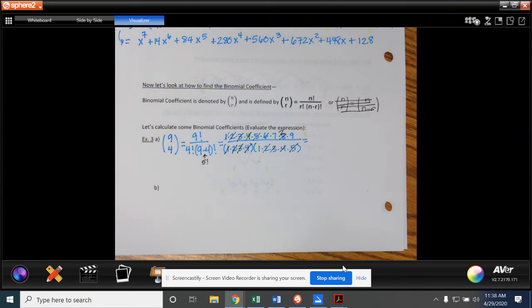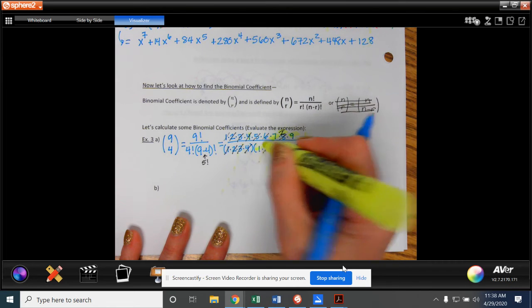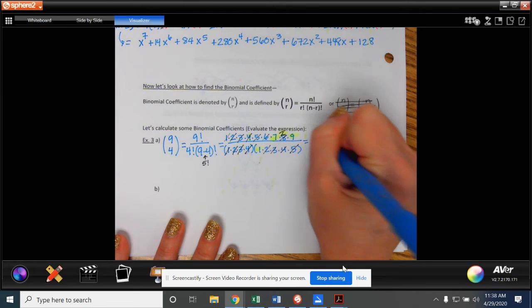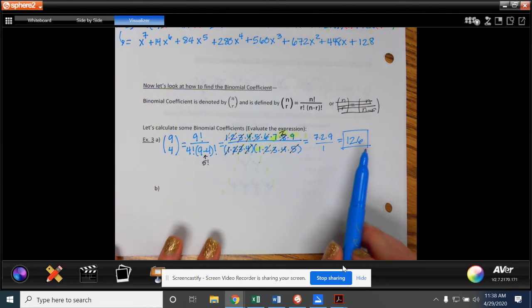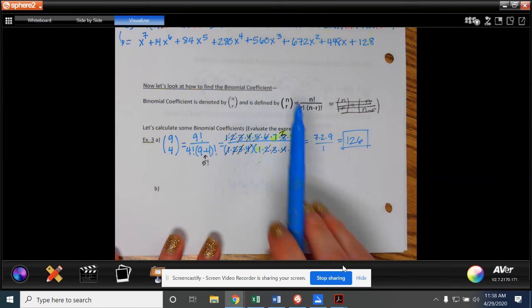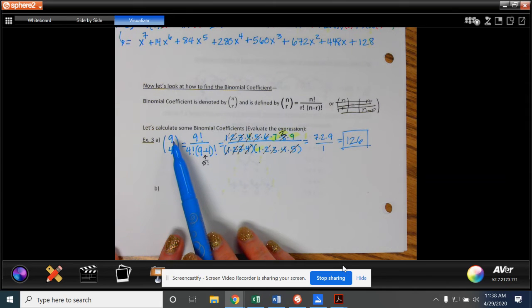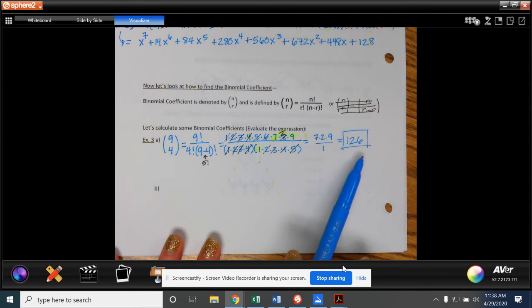And then I would highlight, okay, what do I have left? I have 7, 2, 9, all over 1. So I have 7 times 2 times 9 all over 1, which is 126. That is the coefficient that would go in front of the position. So this would be 9 terms, and this is the fourth position. What is the coefficient? It's going to be 126.